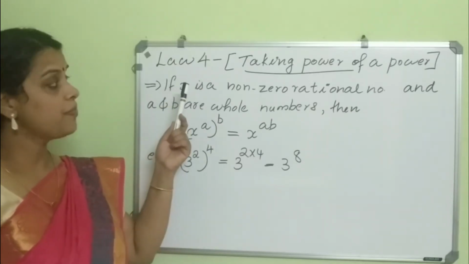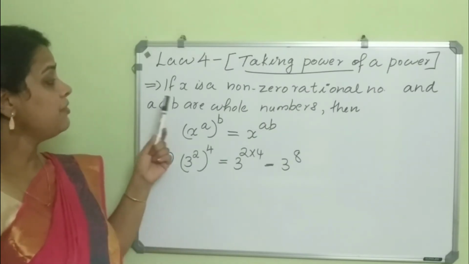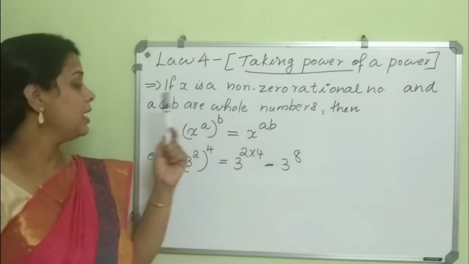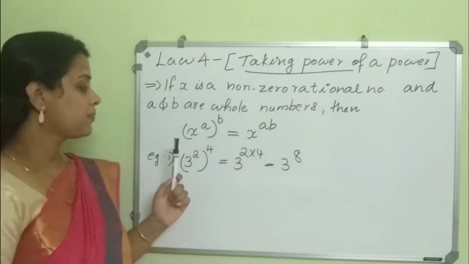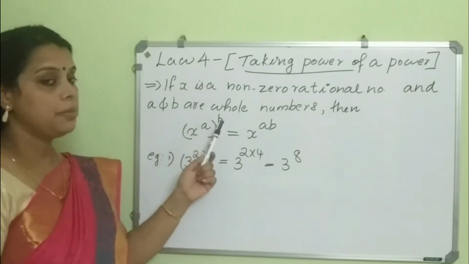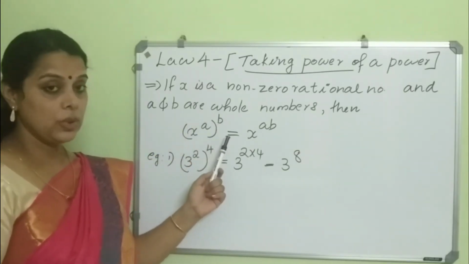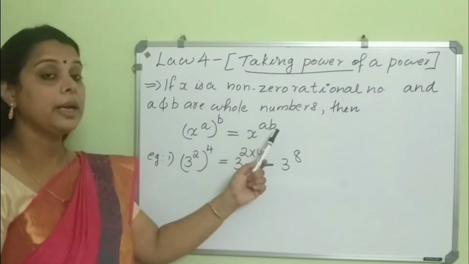Next is law 4, that is taking power of a power. If x is a non-zero rational number and a and b are whole numbers, then x raised to the power a raised to the power b is equal to x raised to the power ab, a multiplied by b.